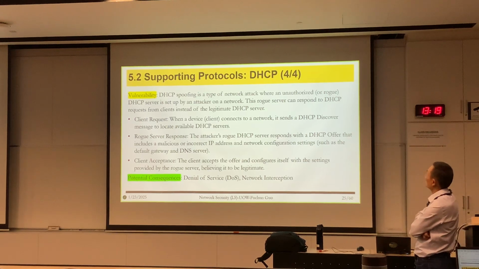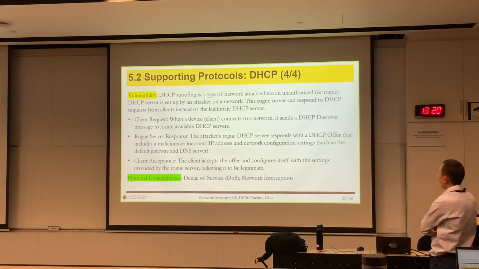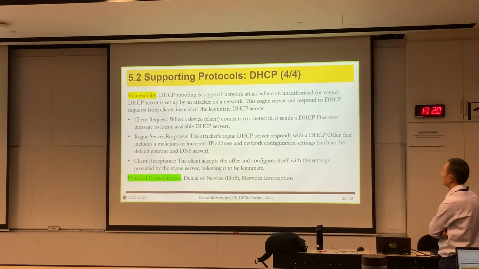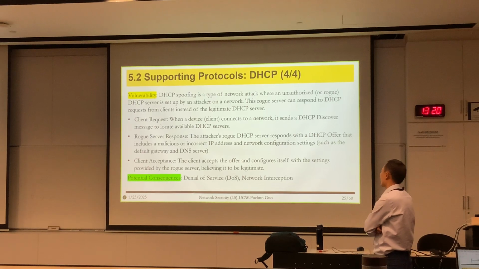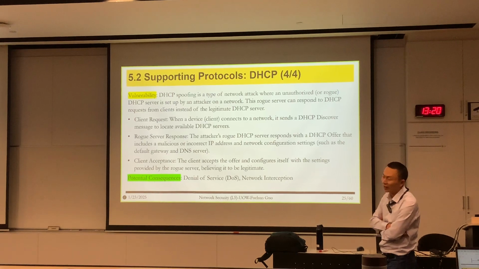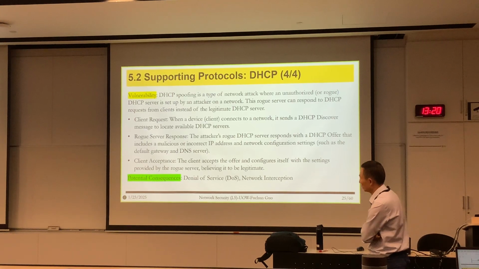This rogue server can respond to DHCP requests from the client instead of the legitimate server, trying to perform as the server. And also, most important, send some fake offer.